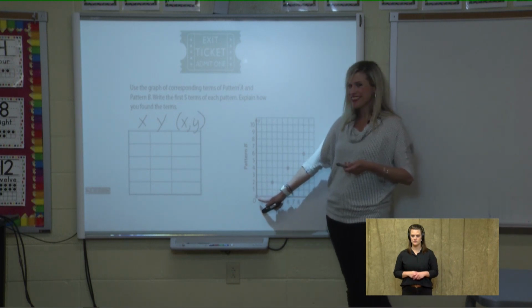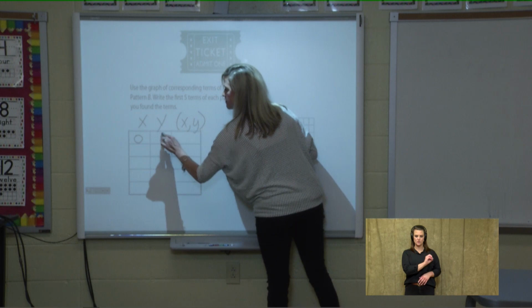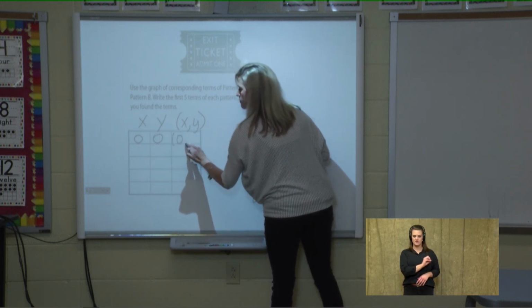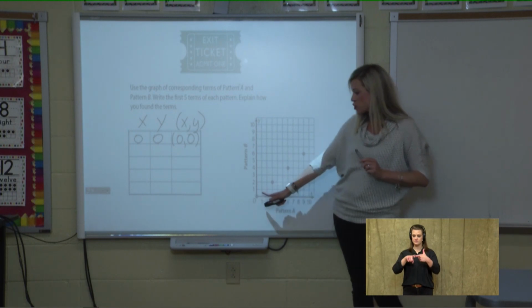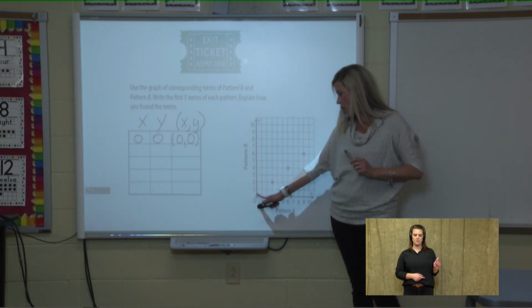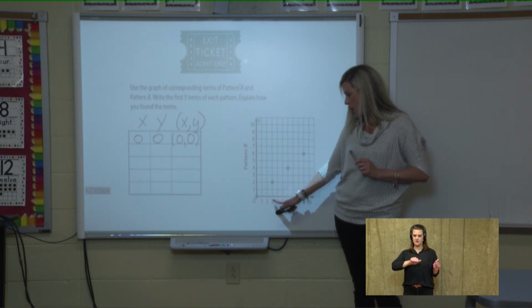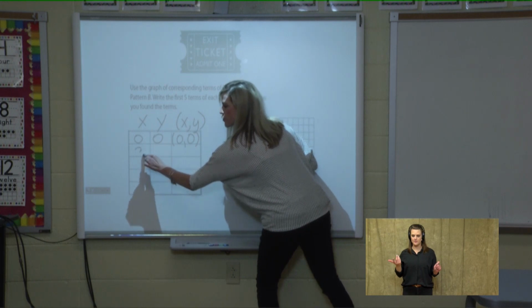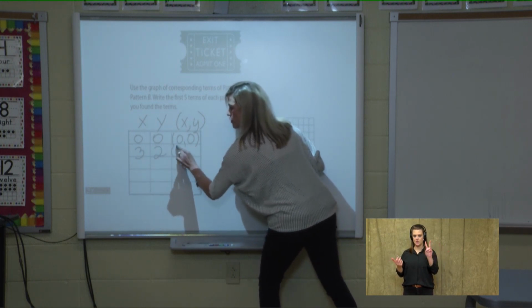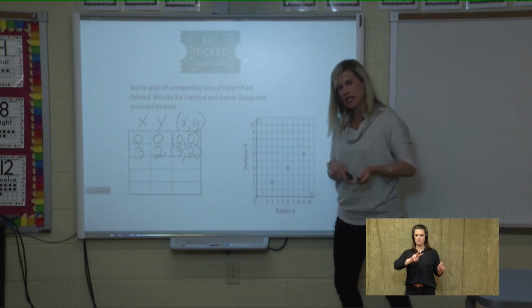So the first one, yep, 0, 0, the origin. Okay, and then take a look. If I start at the origin and I go over on pattern A and up on pattern B, I have 3 and 2, so my ordered pair is 3, 2.